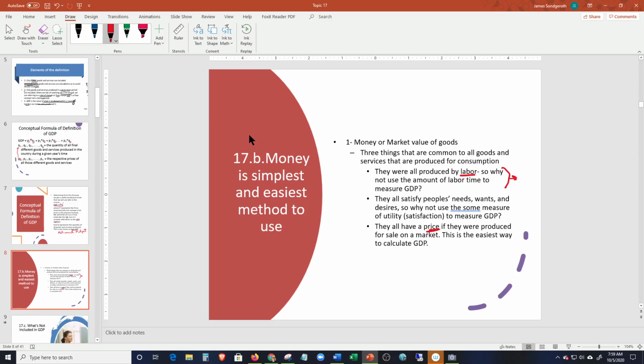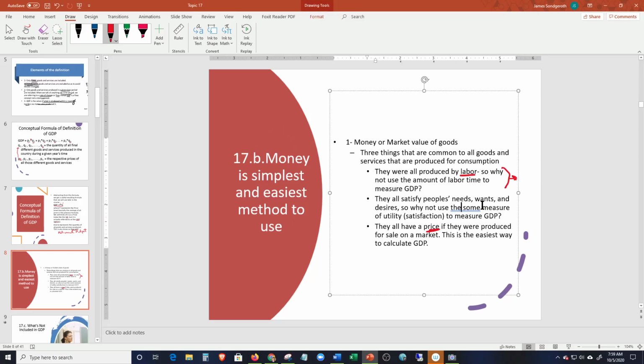Now, we could measure some measure of utility. Well, the problem here is that the utility I get from something may be different than yours. So each individual has a different utility schedule, if you follow me.